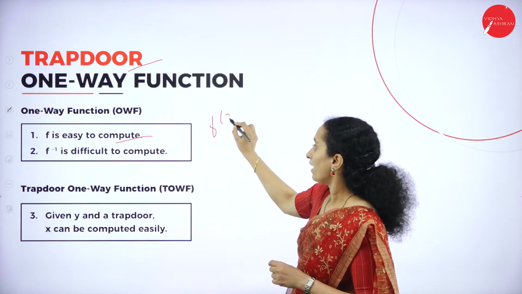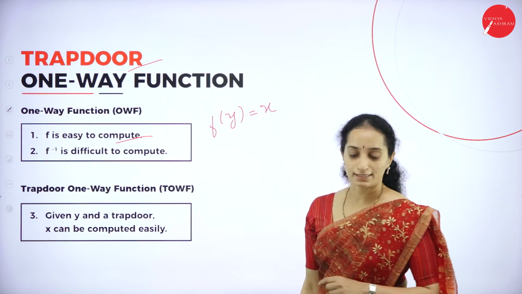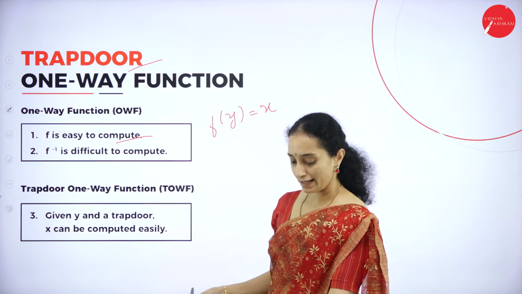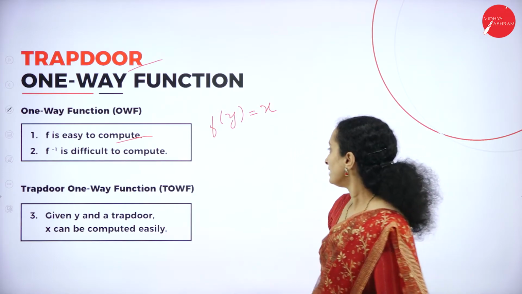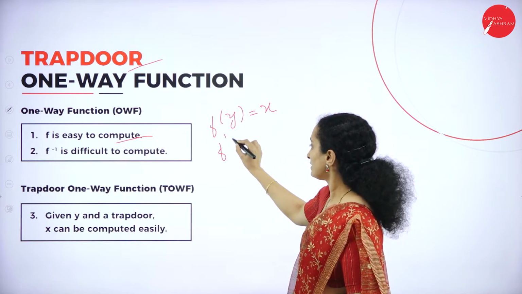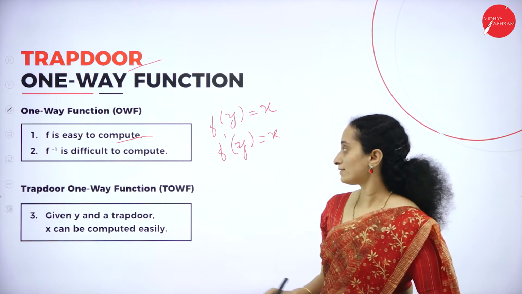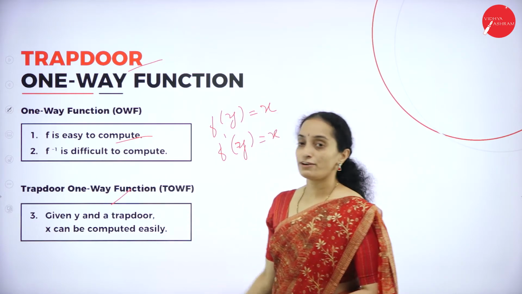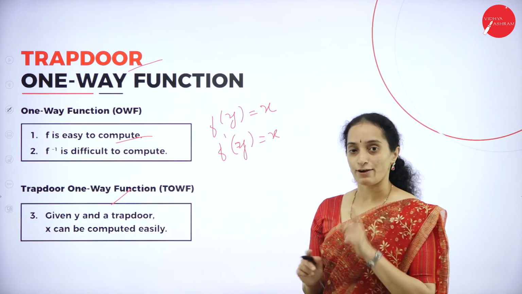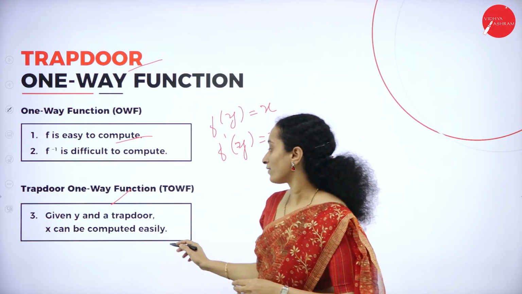If you have x, you can calculate y equals f of x, whereas f inverse is difficult to calculate. That is why the trapdoor one-way function is used. That means only f should be calculated; f inverse will not be calculated.